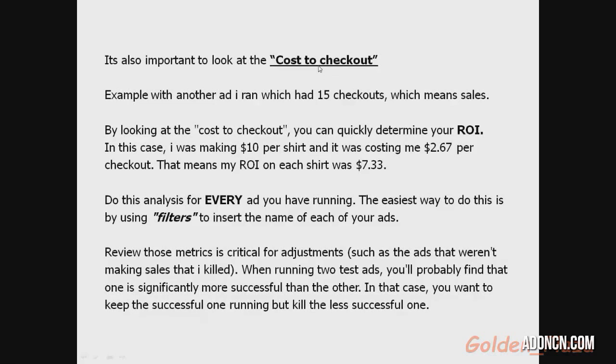In this case, I was making about $10 per shirt, and it was costing me $2.67 per checkout. So that means my ROI on each shirt was $7.33. You want to do this analysis for every ad that you have running. The easiest way to do this is by using filters to insert the name of each of your ads.